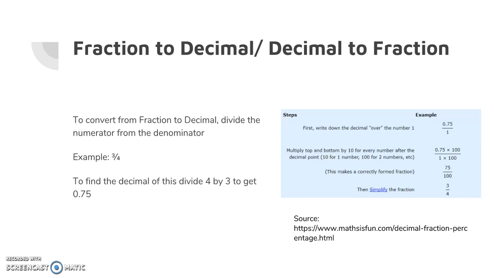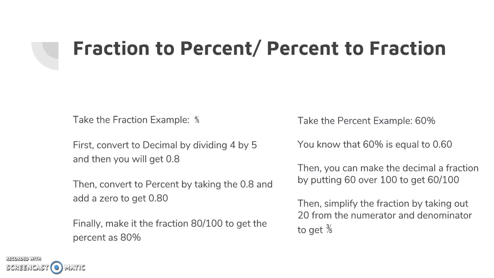Then you multiply the numerator and denominator by 10 for every number in the decimal, which, as you can see, 0.75 has 2 numbers after the decimal place. After multiplying it, you move the decimal place according to the number multiplied, and then simplify the fraction.